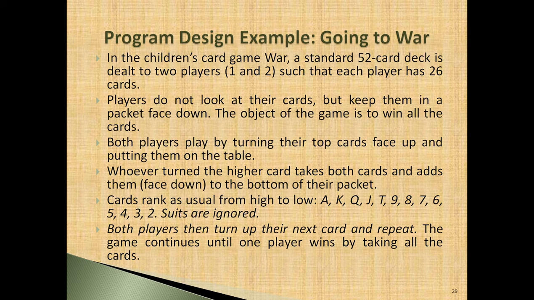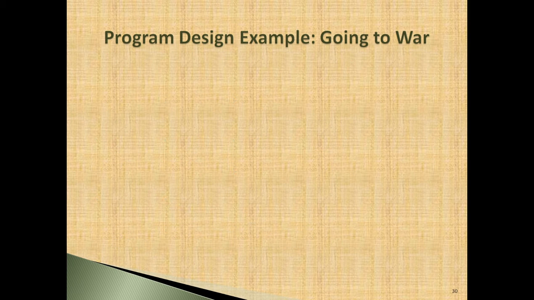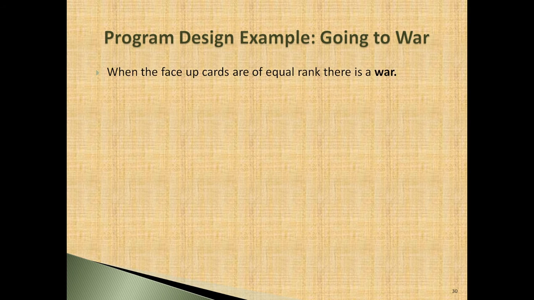So where is the war? Actually, the war happens whenever the cards face up on the table have equal rank. That means both cards have equal numbers or equal representation.